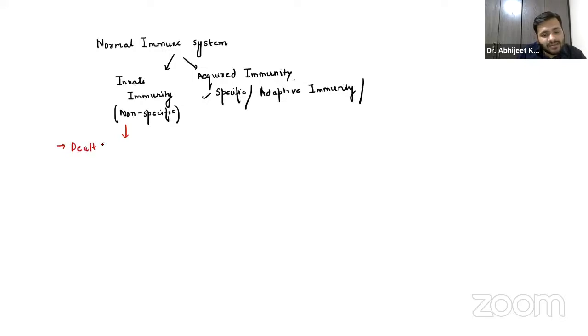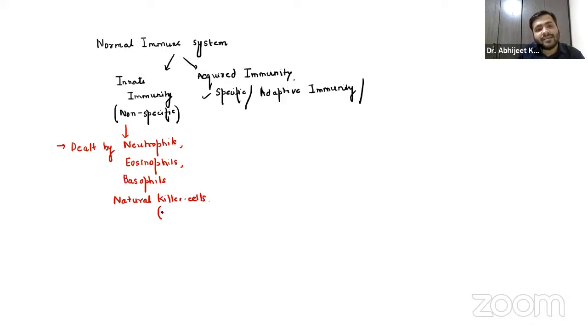Remember, the cells you should remember are the neutrophils, eosinophils, basophils, the natural killer cells or NK cells, and the monocytes. So the cells responsible for innate immunity are the neutrophils, eosinophils, basophils, the NK cells, and the monocytes.